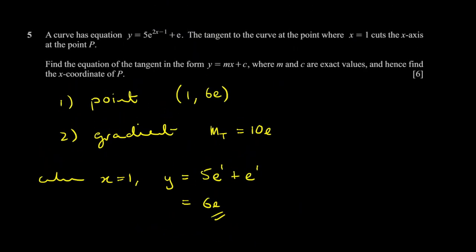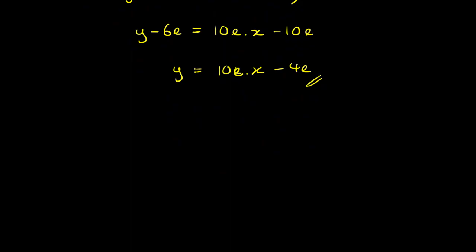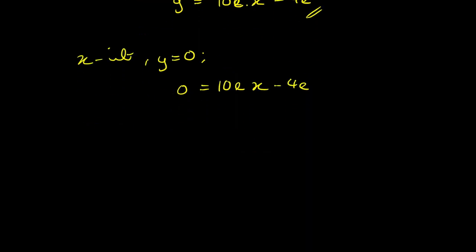Well, what is P? It's where it cuts the x-axis. All right, so we just say x-axis intercept is when y is equal to 0. So we're trying to solve 0 is equal to 10e x minus 4e, which is the same thing as solving 10e x is equal to 4e.